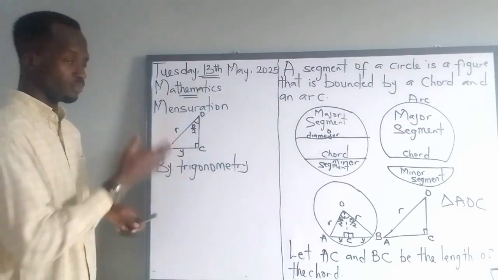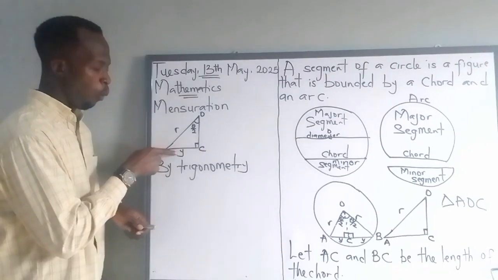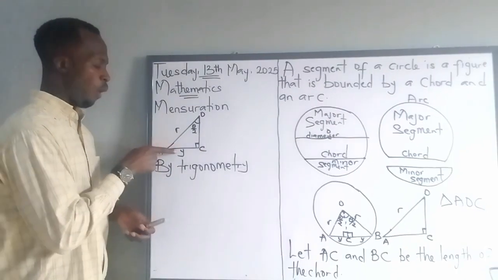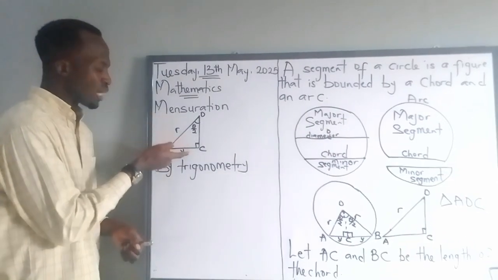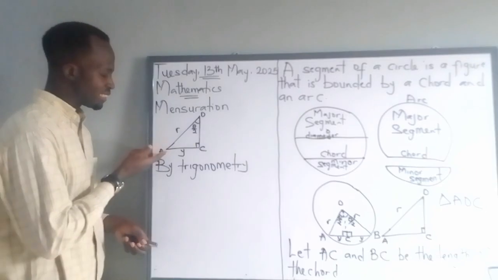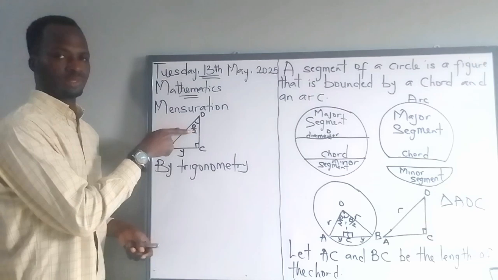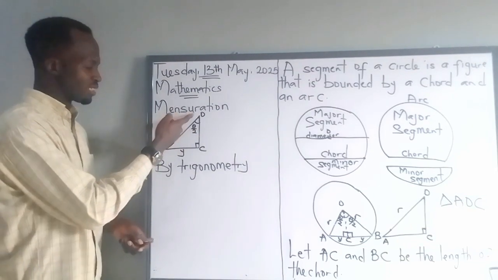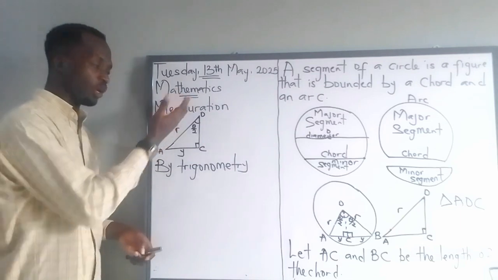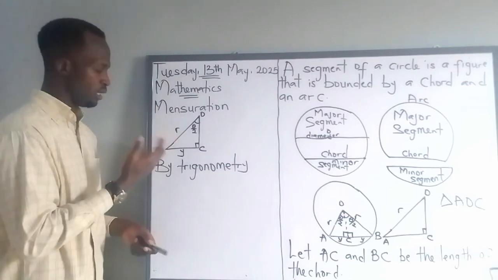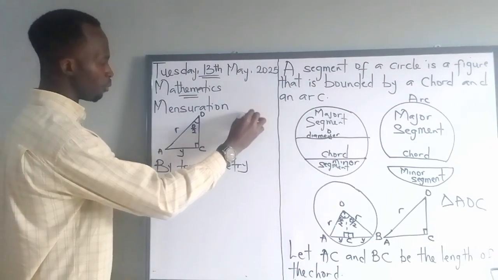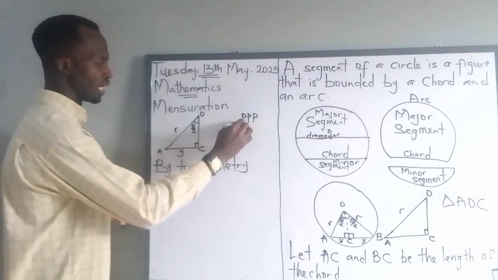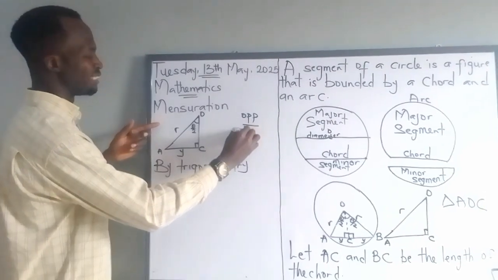Even though they are not known numerically, they are knowns: Y and R. We are concerned with these two sides. This side AC, which is Y, is opposite to the angle, and this side is the hypotenuse, the longest side of a right angle triangle. So we are concerned about the opposite side and the hypotenuse side.